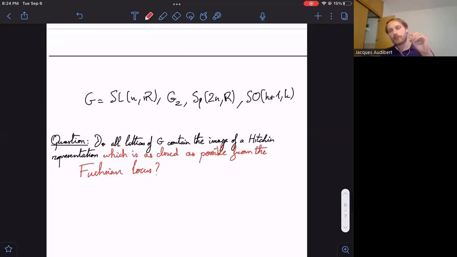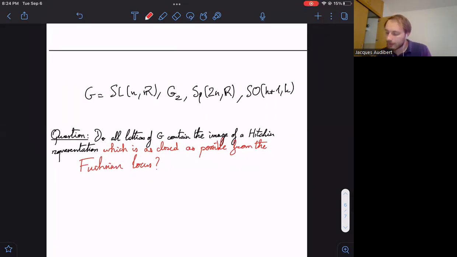In other terms, when you take a neighborhood of the Fuchsian locus, can you always find a Hitchin representation that lies in a given lattice in this neighborhood? And that's a really interesting question because it's related to the proof of Kahn-Markovic, Labourie, and Mozes, and how they manage to construct representations that are as close as they want to a simple representation, which is the analog of the Fuchsian locus in their case.